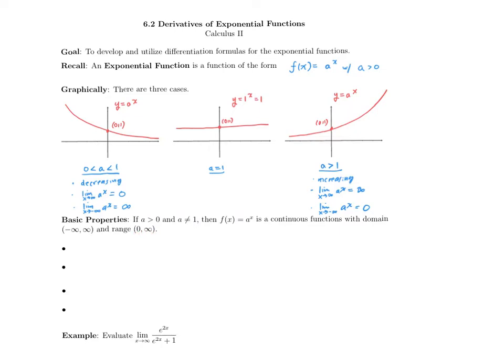And at this point, before writing down some of the basic properties of the exponential functions that we're all familiar with, let me go back to our definition and pose a question for you to think about. Why do we, and I'll say need in this case, a to be greater than 0?